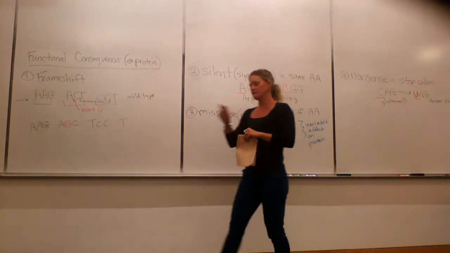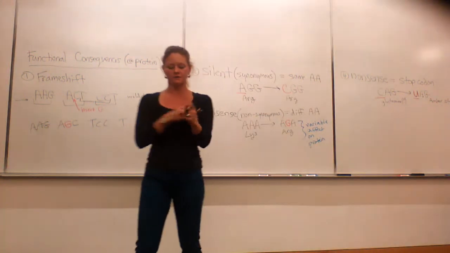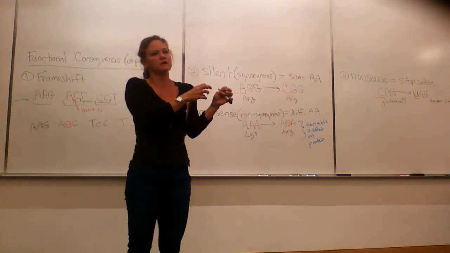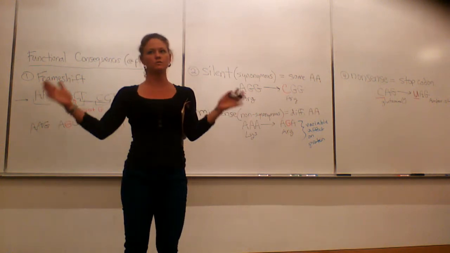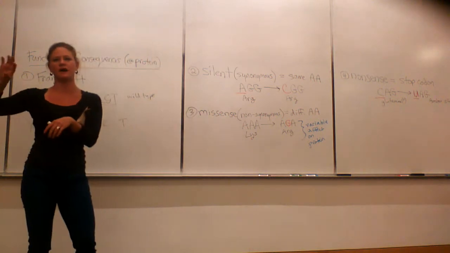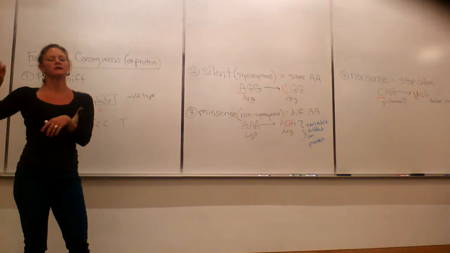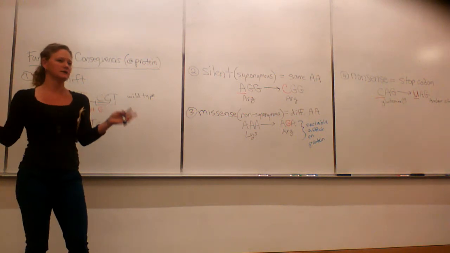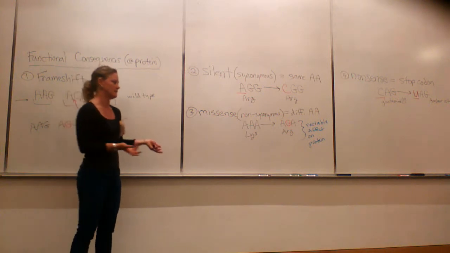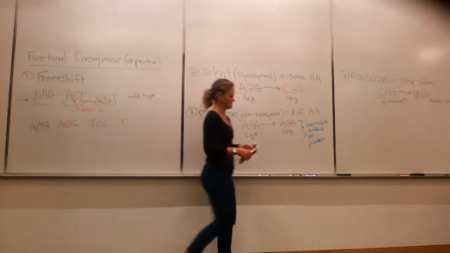And again, if this happens, kind of like the frame shift, if your nonsense mutation happens very early on in the protein, you could potentially have a super truncated protein, which is a way bigger issue than if you maybe just lopped off the last amino acid, and now instead of 20 amino acids long, your protein's 19, you might have some level of function, depending on the protein.